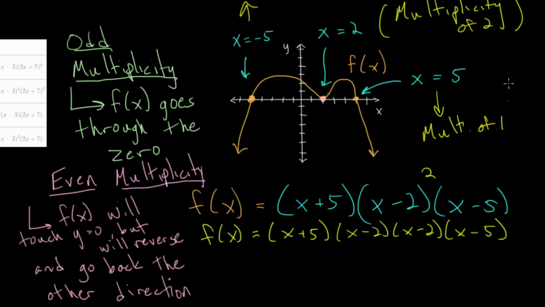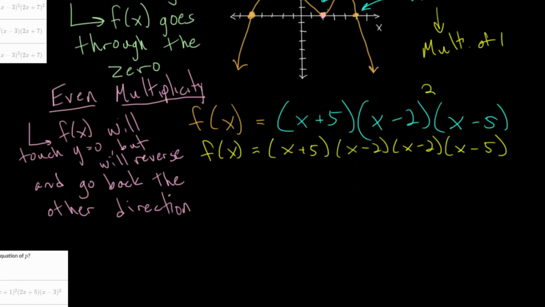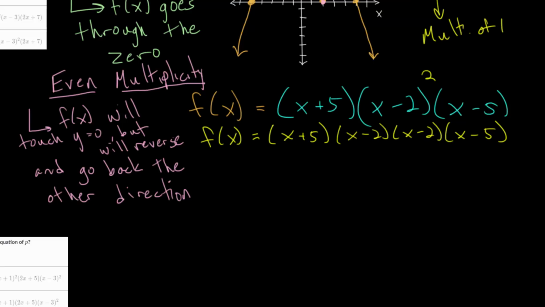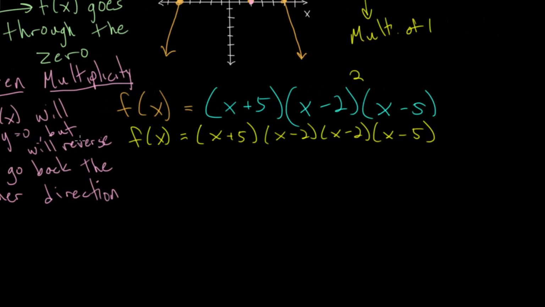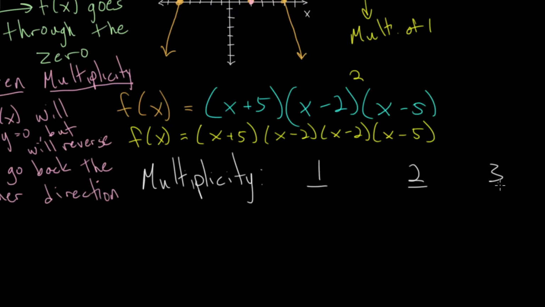And we can generalize this even further. Let's look at specific multiplicities. So let's say we have multiplicity of 1, 2, and 3. So let's say for 1, for 2, and for 3. And we could look at 4 and 5 if we want.